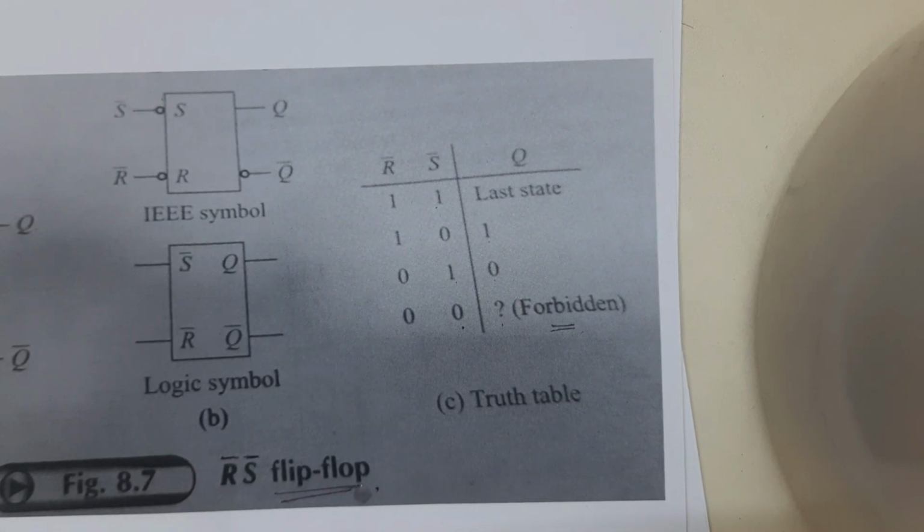To understand how this circuit functions, recall that a low on any input to a NAND gate will force its output high. Hence, a low on the S bar input will set the latch, and a low on the R bar input will reset the latch.